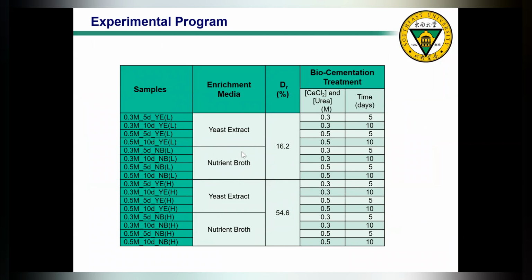The soil samples are prepared at 2 different relative densities: one is low, 16.2%, the other is high, 54.6%. For bio-cementation treatment, we selected 2 cementation solution concentrations, 0.3 mole and 0.5 mole, and 2 percolation periods, 5 days and 10 days. This will give us different cementation levels.